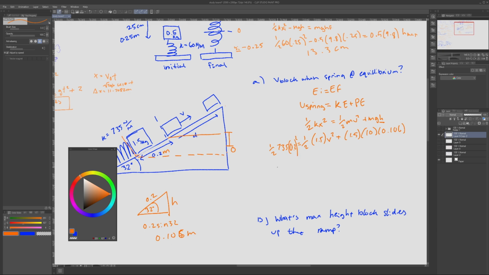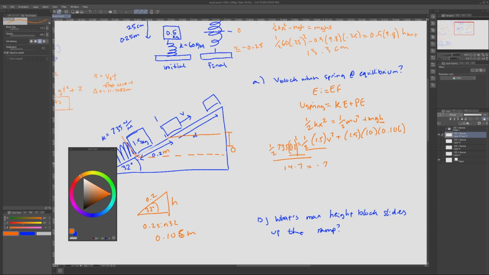We're doing essentially 0.04 times 735 divided by 2. It's 367.5 times 0.04. This should give us 14.7. And then this should give us 0.75.